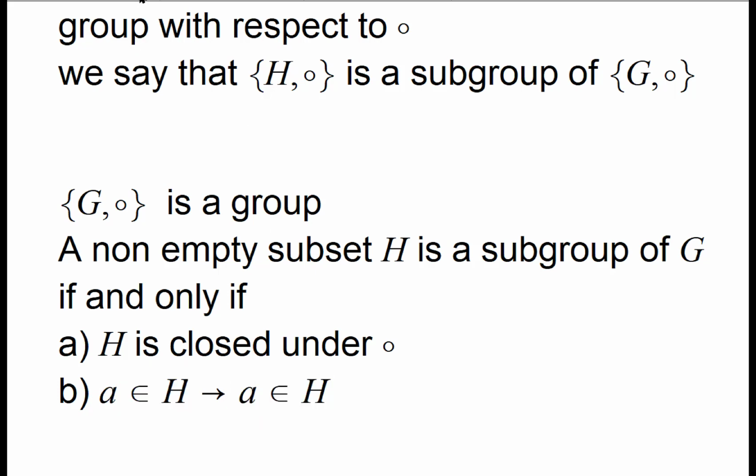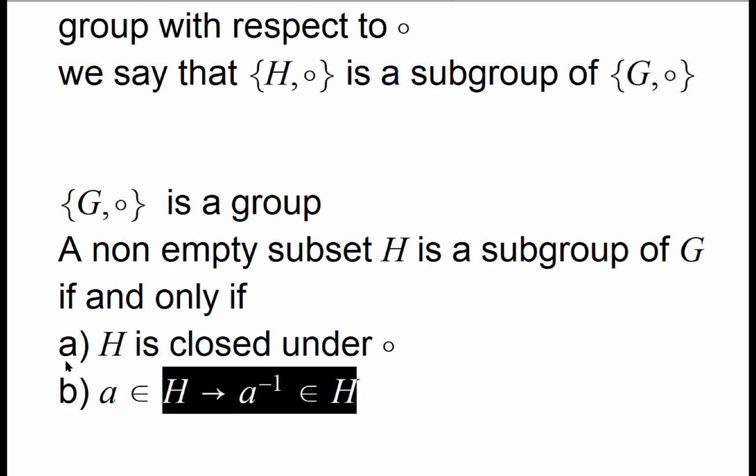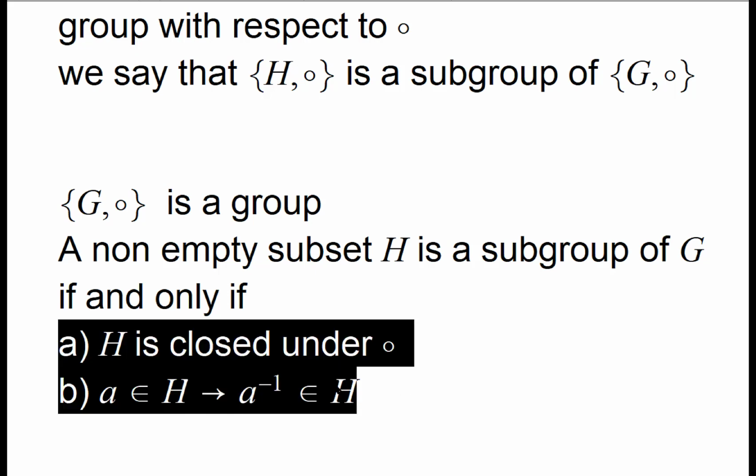So you can see associativity, of course, will be inherited. And in here, one way is very easy, because it is closed, A times A inverse will be the identity, and because of the closure, it will be in there, so it has the identity already. So this part implies that H is a group.